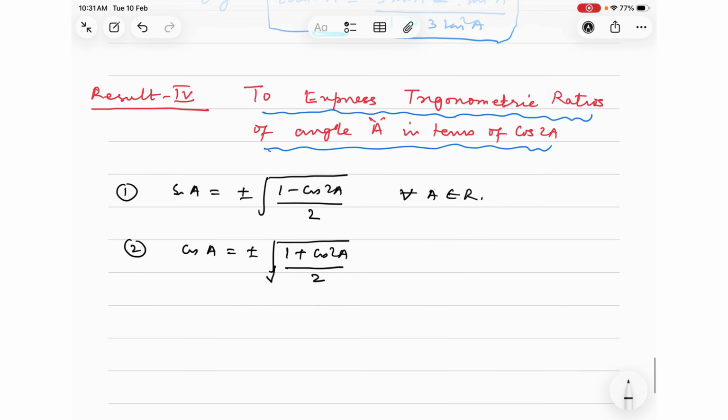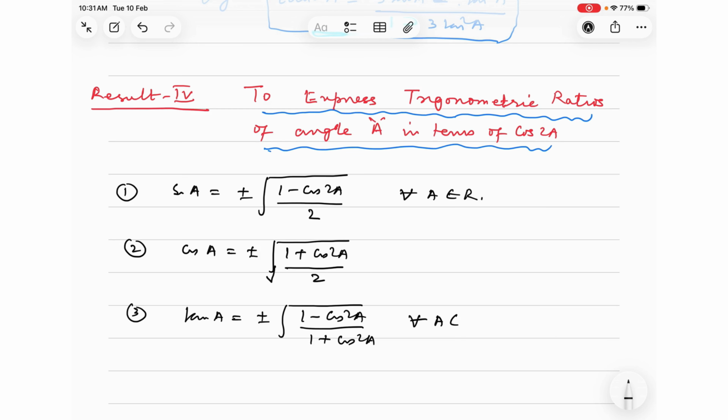And tan A is equal to plus or minus under root of (1 minus cos 2A) by (1 plus cos 2A). So these are three very, very important results.